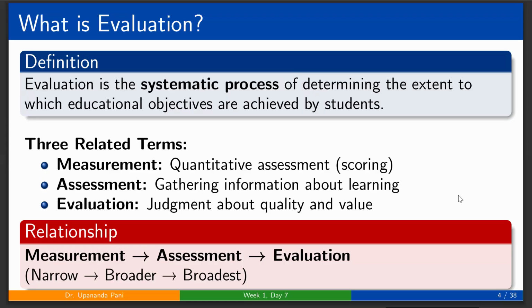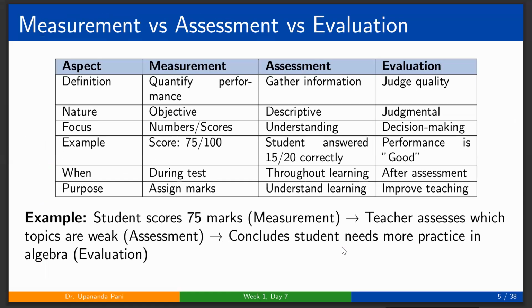The relationship between measurement, assessment and evaluation is: measurement is much narrower, assessment is a little broader, and evaluation is the broadest, right? We start with measurement, then we gradually progress towards the broader and broadest. So you can see the difference.